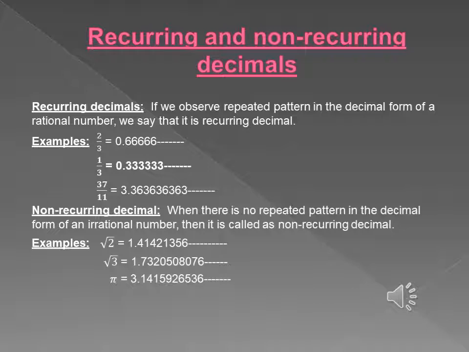For example, square root of 2 is equal to 1.41421356 and so on. Square root of 3 is equal to 1.7320508076 and so on. Similarly, pi is equal to 3.14159265 and so on. In all these examples, we see that there is no pattern in the decimal form.